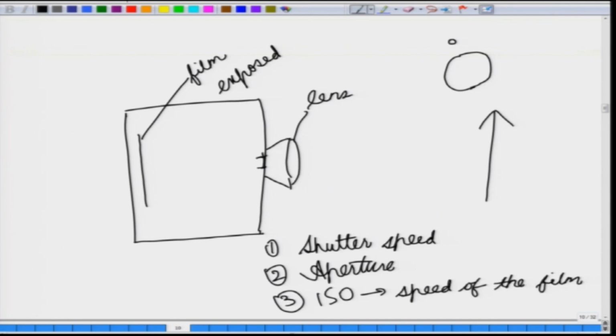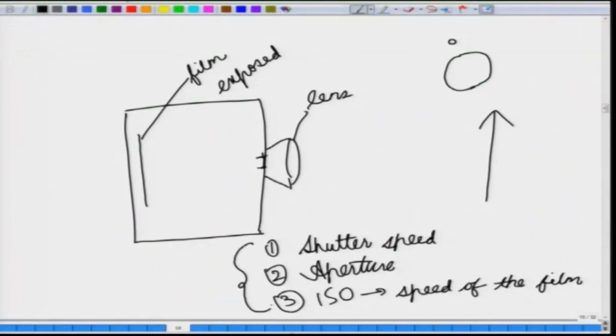So, suppose you are adding chemicals that are very sensitive to light, in that case you have a small amount of light and there is a large amount of chemical reactions, or a large impact on that film. On the other hand, there could be certain films that have fewer chemicals, or chemicals that do not react with light in a large amount or quickly.